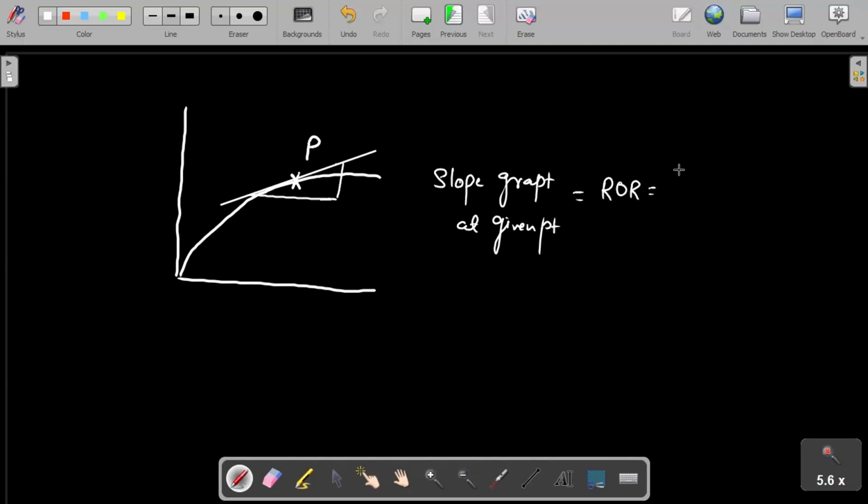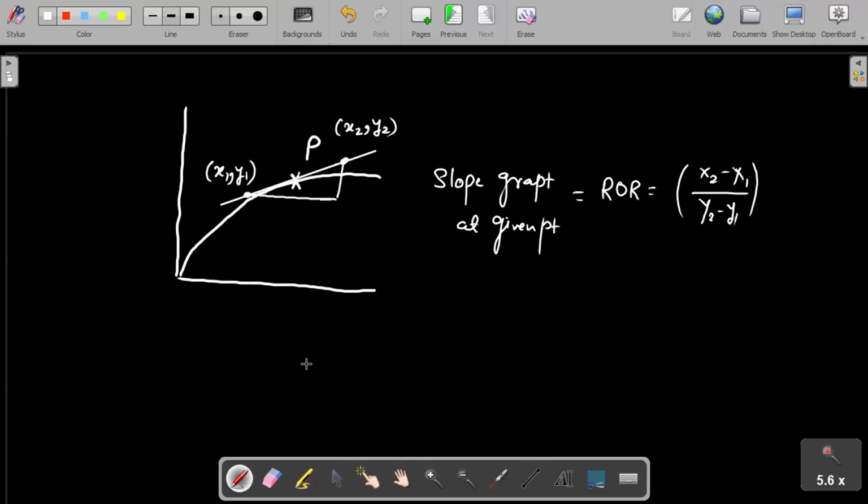How do we find it? There is a simple formula: y2 minus y1 upon x2 minus x1. This is the slope of the graph at this point. The values will be given. This is your x2 and y2, the coordinates of this point. Any point on this line will give the same slope, x1 and y1.